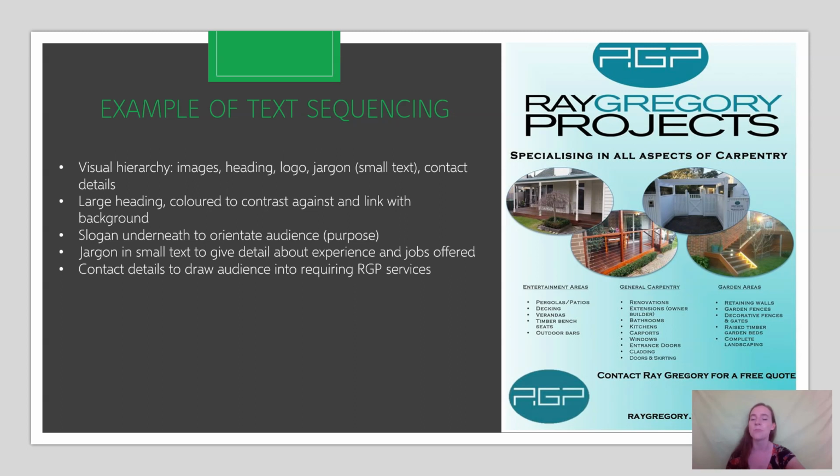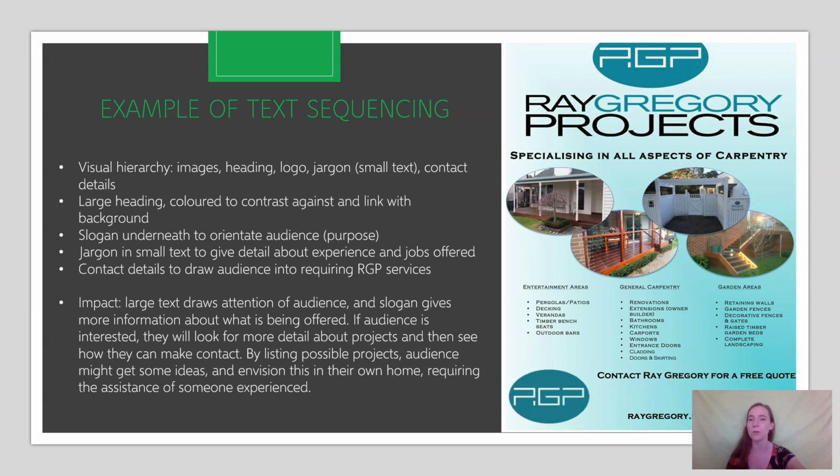Following that, the jargon, so the small text, is underneath to give them a little bit more detail about the experience and jobs offered. And lastly, the contact details to draw the audience into requiring the services of these people. So if we were going to look into the impact that the text sequencing has, we would say that the large text draws attention of the audience and the slogan gives more information about what is being offered.